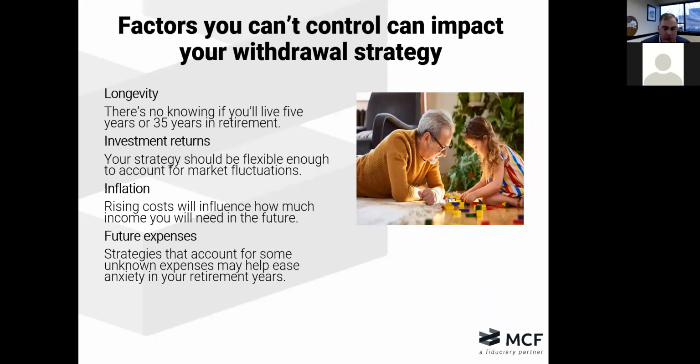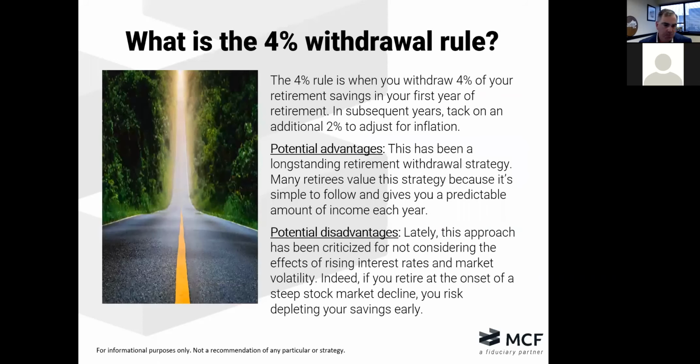And then future expenses. Unknown expenses, for sure, can impact any situation. The future expenses can have some effect on it. But all of these factors are strong considerations that need to be looked at whenever you're coming up with a withdrawal strategy.